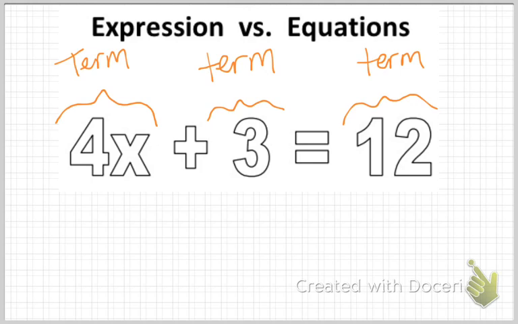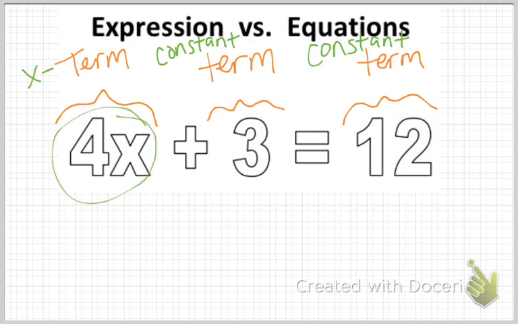Since the first term has an x attached to it, we refer to it as the x term. This term that doesn't have an x is also known as the constant term. And this 12 doesn't have an x or another letter attached to it, so that is also a constant. Constant term, x term, because it has an x.